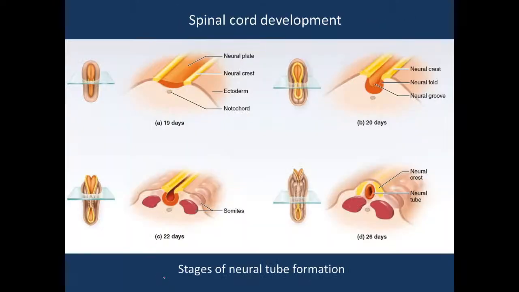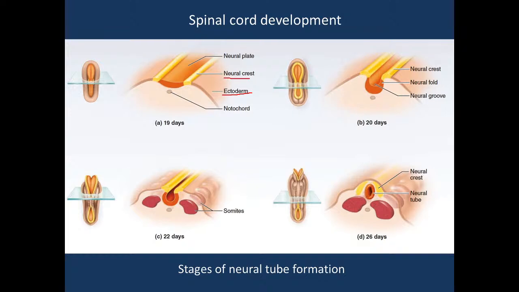Okay. Development. This picture shows how the spinal cord develops, and you see that it comes from the ectoderm. This is the first embryonic layer, and then it forms the neural plate and neural crest.